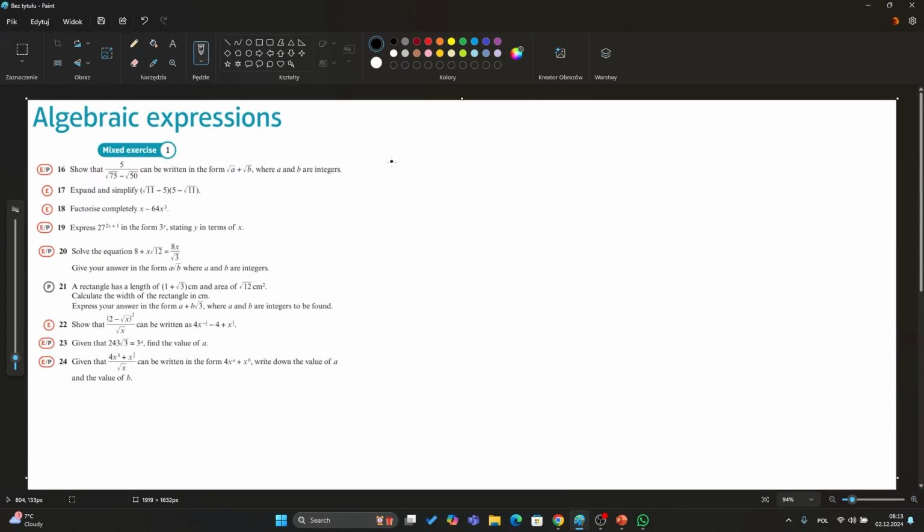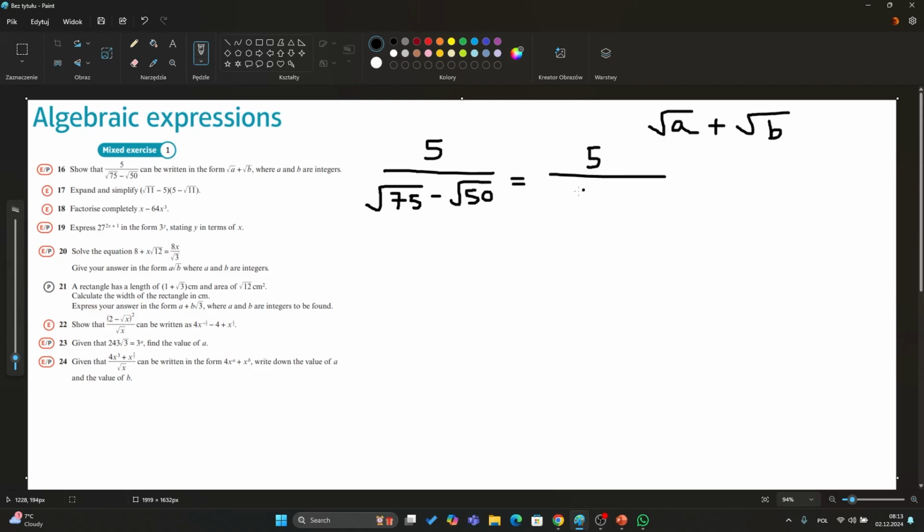Now we are going to do the exam questions. So we need to get it in the form of square root of a plus square root of b. First I'm going to simplify the bottom before I rationalize it. So we can simplify the bottom to be square root of 25 times 3 minus square root of 25 times 2, to be 5 over 5 root 3 minus 5 root 2.